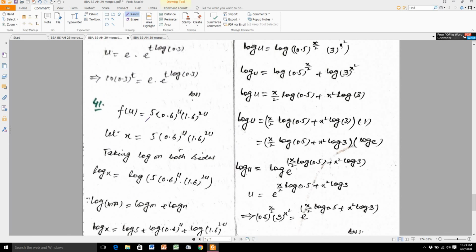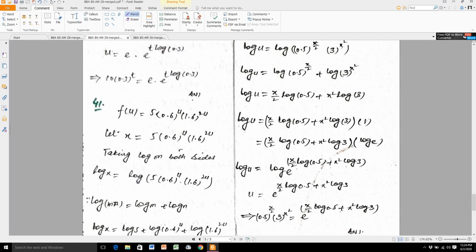F of u is equal to 5 into 0.6 whole raised to power u, then 1.6 whole raised to power 2u. I let it as x is equal to 5 into 0.6 whole raised to power u, 1.6 whole raised to power 2u. On the same procedure I take log on both sides.